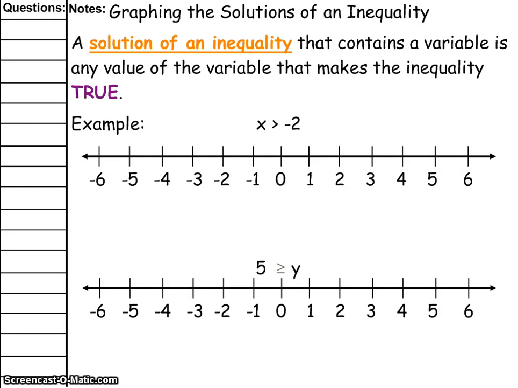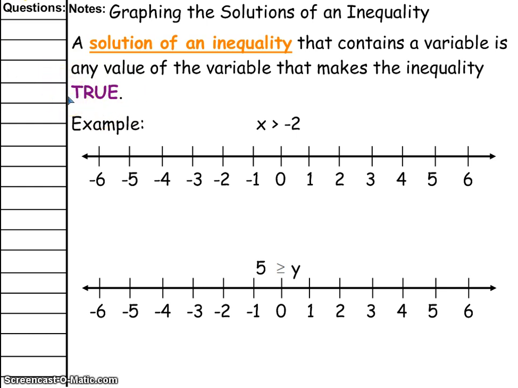Graphing the solutions of an inequality. So now a solution for an inequality is the possible answers it could be. The solution of an inequality means it contains a variable and it can be any value as long as it makes the inequality statement true. That's huge right there. It has to make it true.